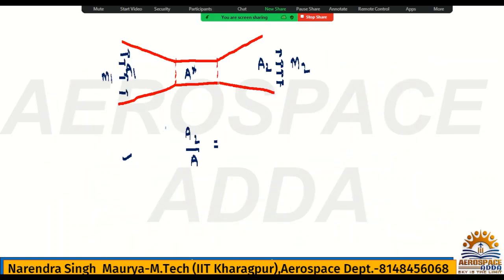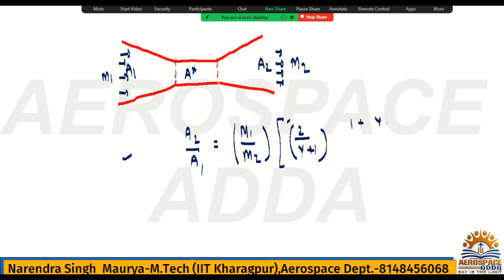So if I am writing A2 by A1, it will be M1 by M2. Okay, and then in this bracket we will have 2 upon gamma plus 1, times 1 plus gamma minus 1 by 2.